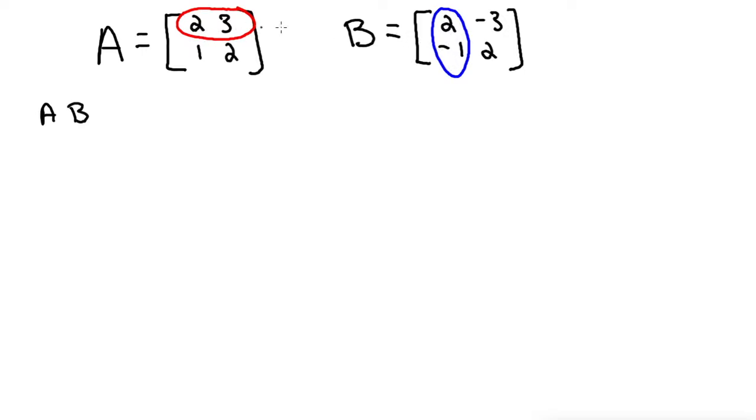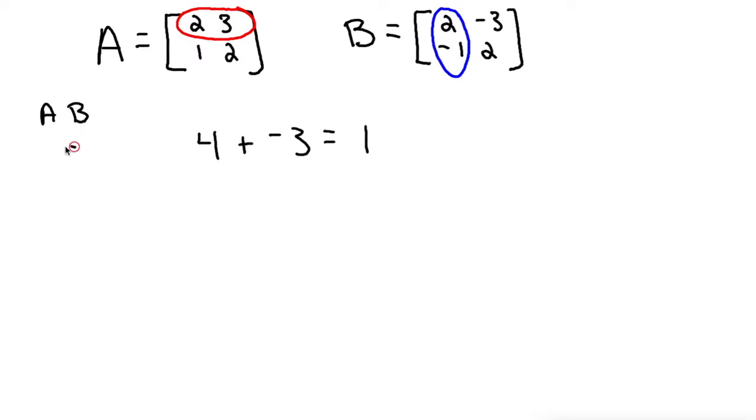So we have this 2 times this 2 will be 4. And then we'll add on this number here times this number here. So that's 3 times -1 will be -3, and we'll add those up. So we have 4 plus -3, and that's going to be a 1.